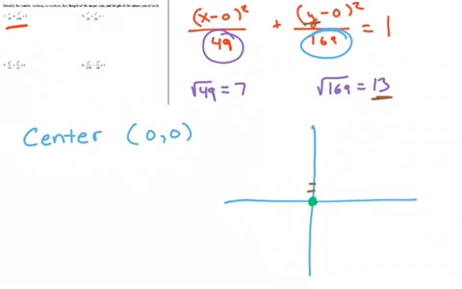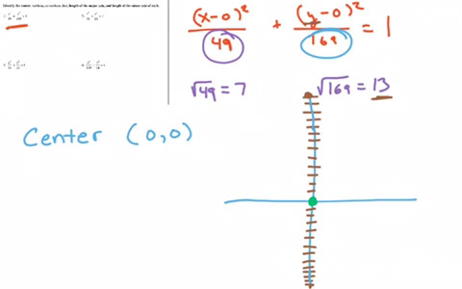So I go 1, 2, 3, 4, 5, 6, 7, 8, 9, 10, 11, 12, 13. It's kind of high there. It's okay. So there's 13. I'm going to go 13 down. So there's 13 at the bottom there.